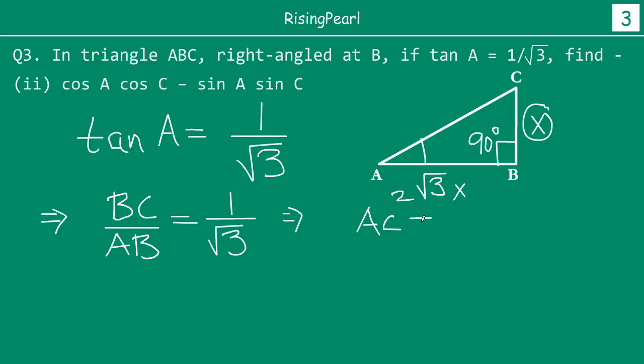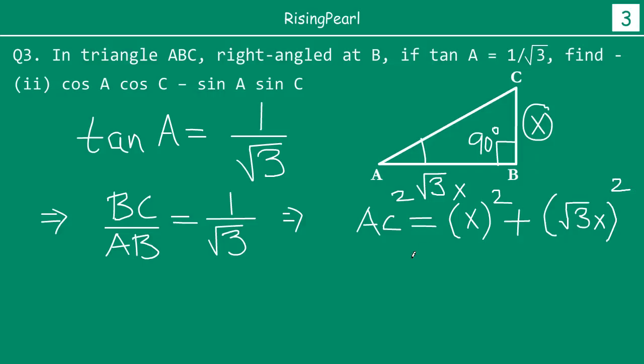AC square, hypotenuse square, is equal to the sum of the squares of the other two sides, right? So BC square is x square, plus AB square, and AB is square root 3x.